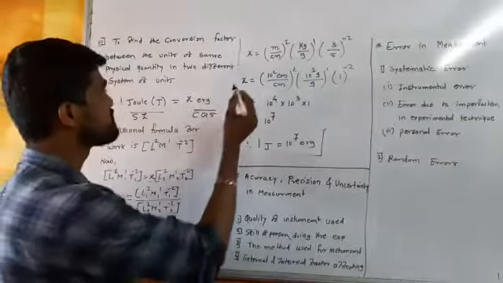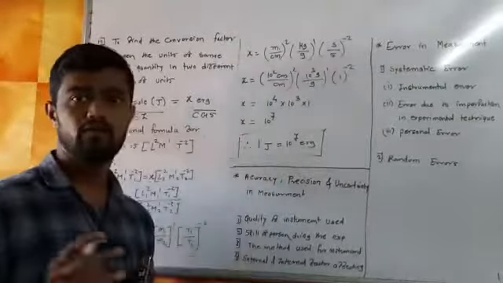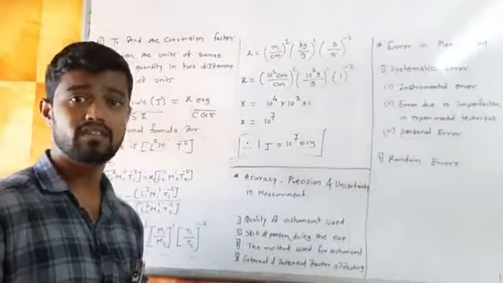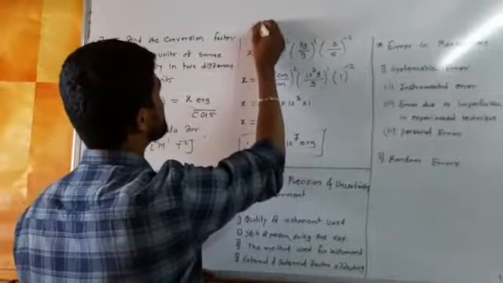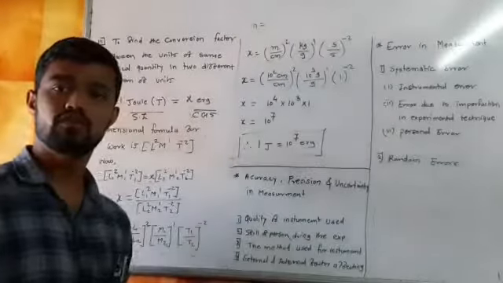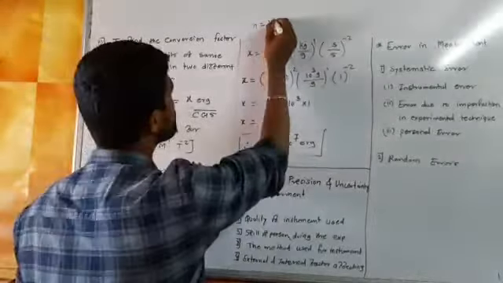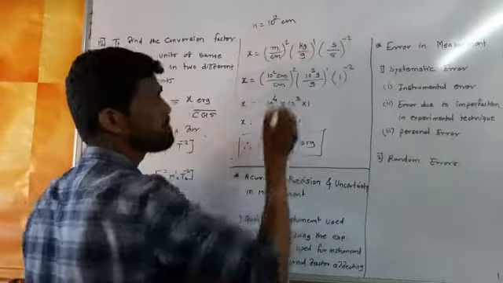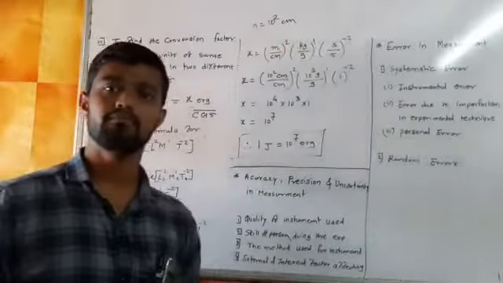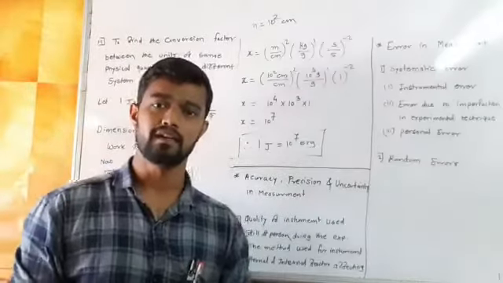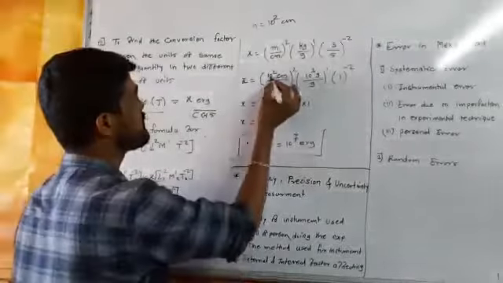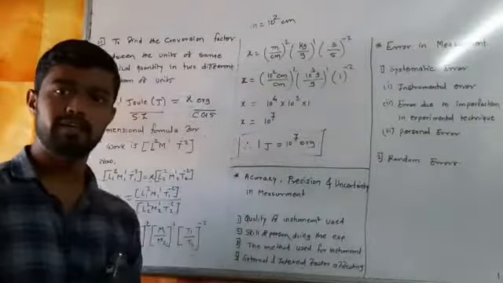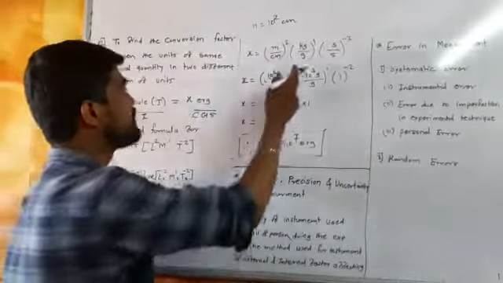Next, x is equal to... now we calculate the conversion factor. Meter is equal to 10 raised to 2 centimeter. When I convert meter to centimeter, I get 10 to the power 2, so I write 10^2 centimeter, all to the power 2.